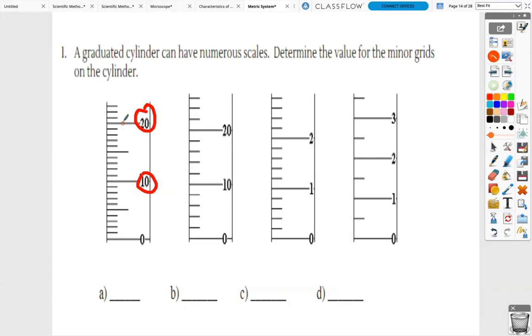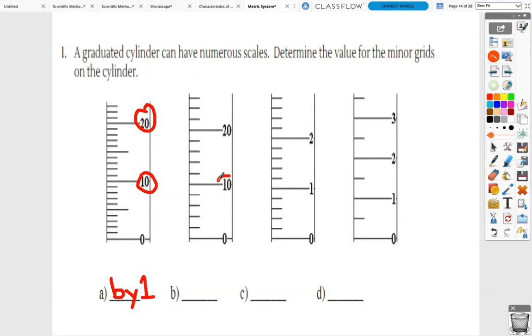So you're counting by ones in this case. So that's what it's asking for. It's asking for the increments. So it's already filled in for you on your paper there, but you are counting by one on this first graduated cylinder.